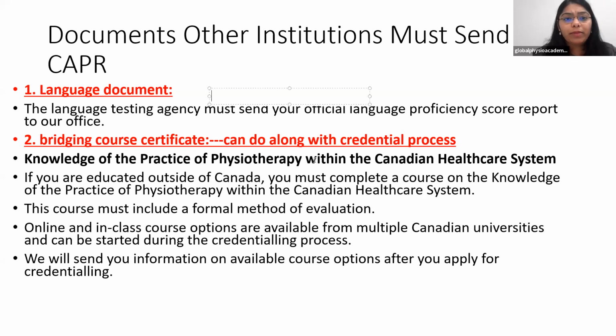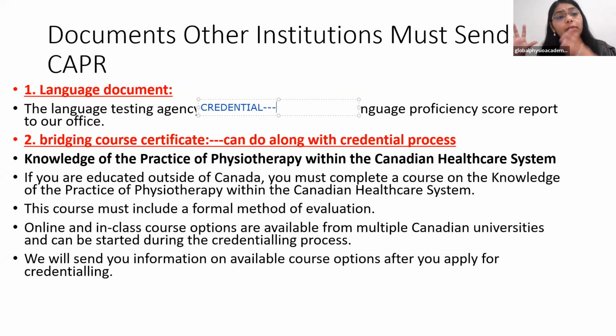Okay. So basically, once you start the credential, the whole credential process varies. Some students may get evaluated very fast, but the normal average period is 8 to 9 months.